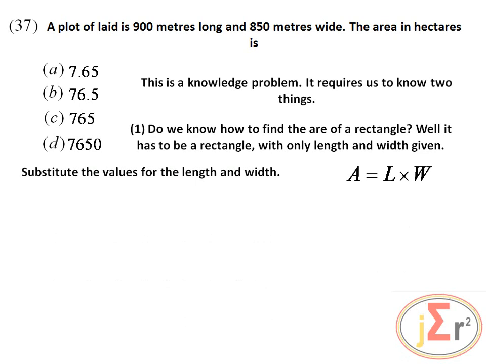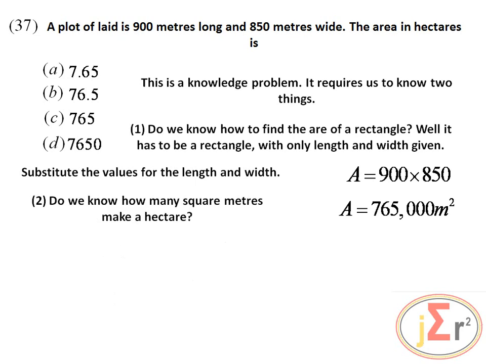Substitute the values of the length and the width, so we are going to put those values in. 900 and 850. When we multiply those, we get 765,000 meters squared.